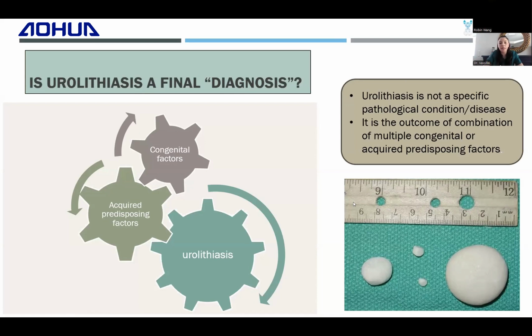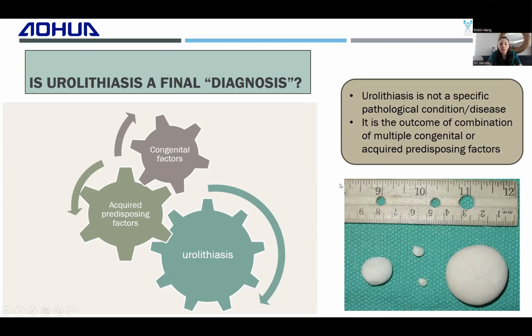This means that it's the outcome of congenital factors, and we will talk about the breeds that are predisposed, and of some acquired predisposing factors, and this ends up with uroliths, which can be any size, any shape. We will talk about the different sizes and shapes.